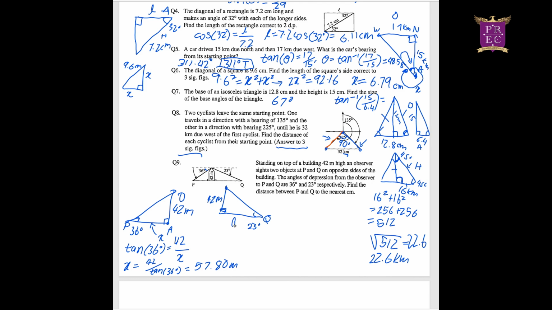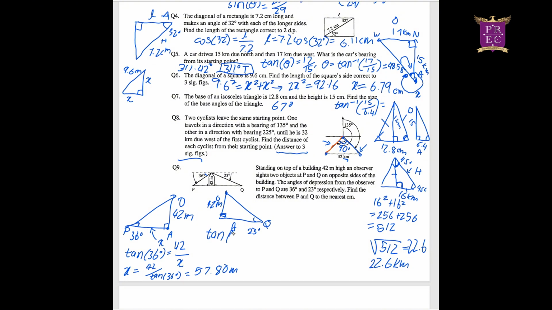We've got adjacent and we've got opposite. We're looking for adjacent, right? So we're doing the same formula, tan 23 degrees is equal to opposite over adjacent, opposite being 42, adjacent being x. Let's not call it x because the last one was x, let's call it y.